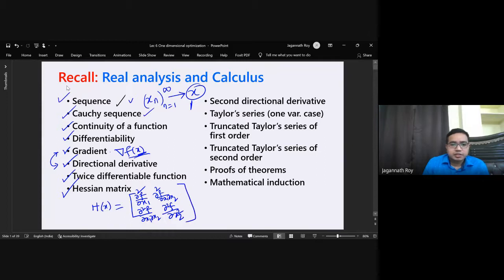This is the Hessian matrix, second order. This is a real symmetric matrix if we are considering real functions.